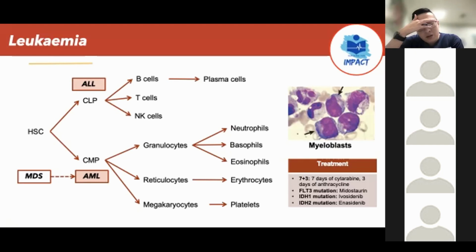You can imagine if you have so many leukocytes in the blood, it tends to crowd out the peripheral blood and make the peripheral blood quite thick. So it results in something which we call leukostasis. There are so many leukocytes in the blood that it causes a bit of a traffic jam for leukocytes.